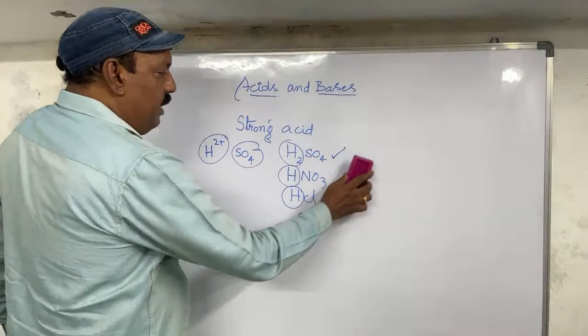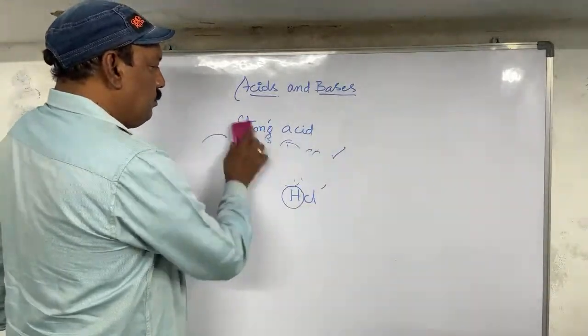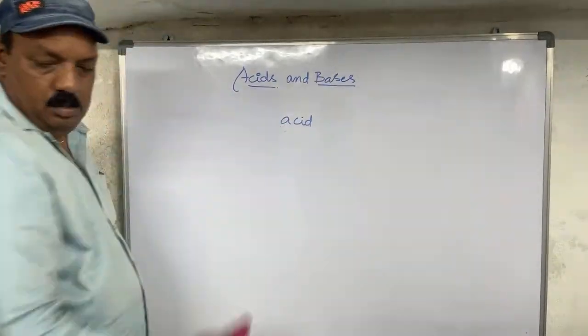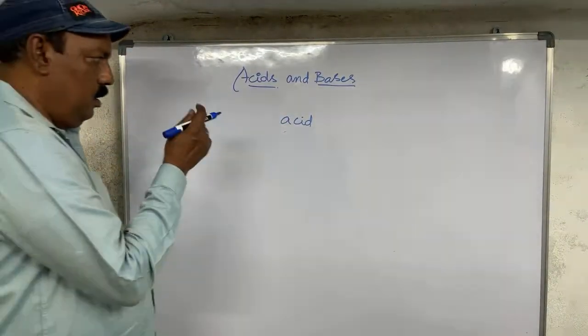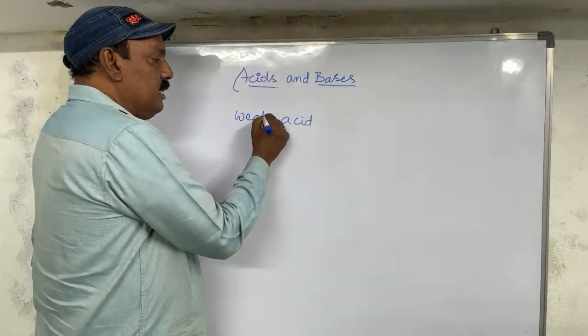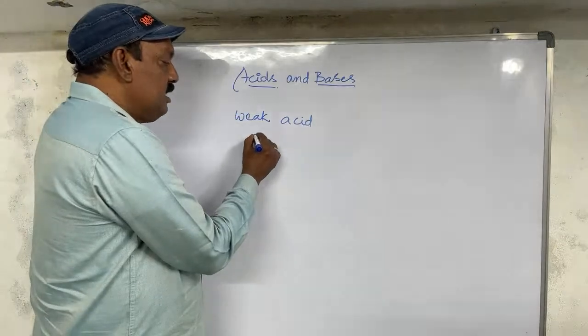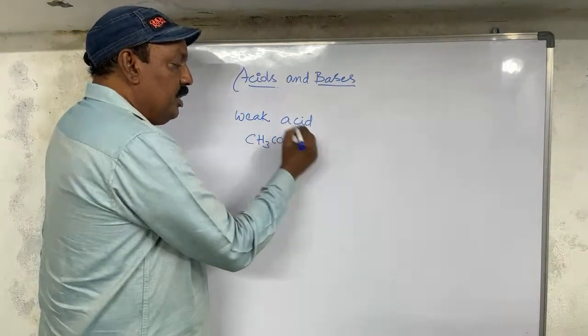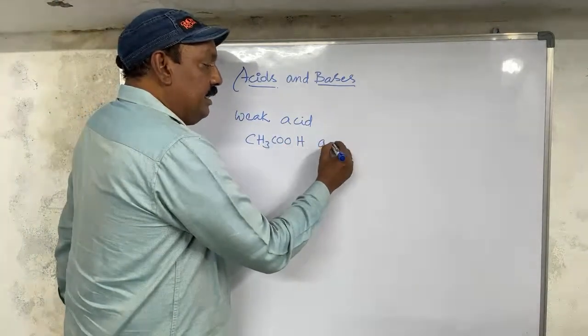Now I will explain what a weak acid is. Weak acids, we can see here: CH3COOH, this is called acetic acid.